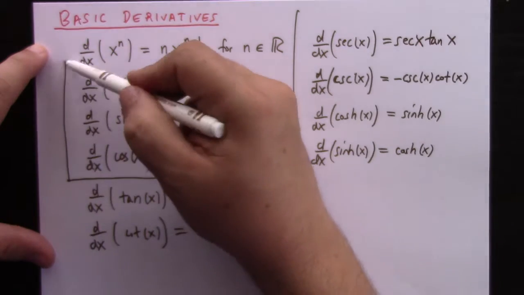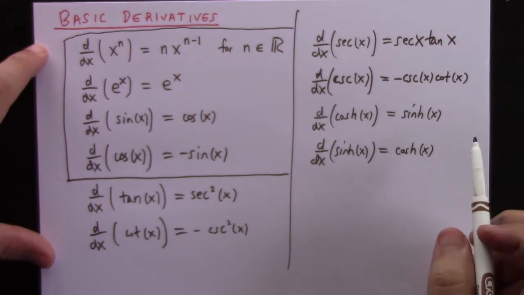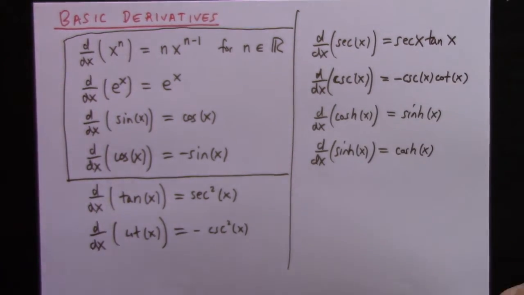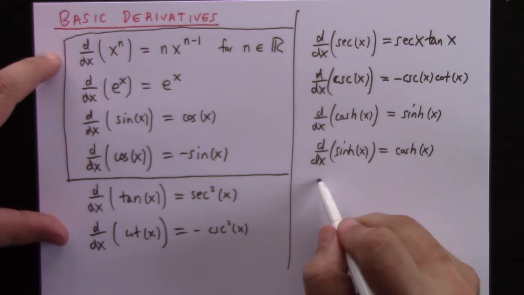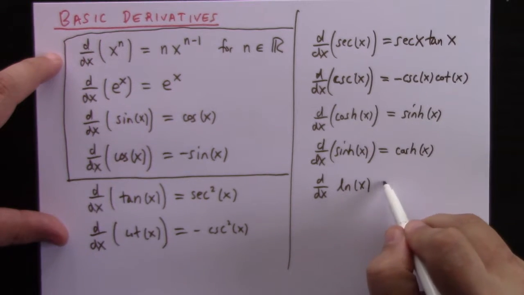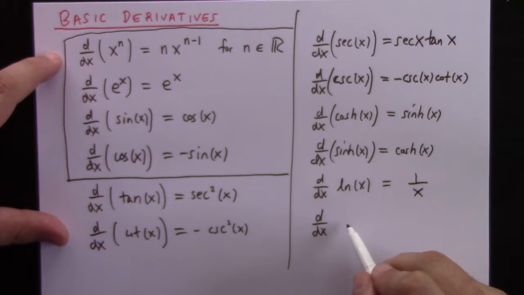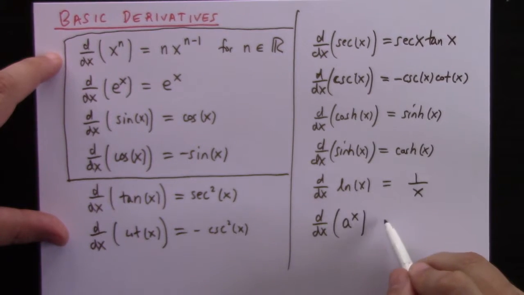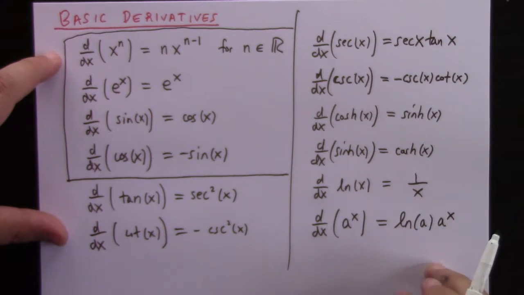If I know these, I can derive the rest, but you don't want to have to derive these ones in the midst of other things. You should know how in case you forget, but it's nice to know if you haven't. In like fashion, d/dx of the natural log of x is 1 over x, right? d/dx of a to the x is the natural log of a times a to the x.